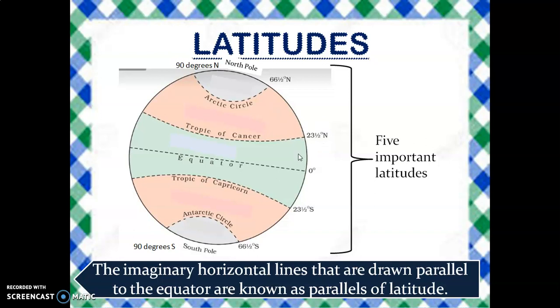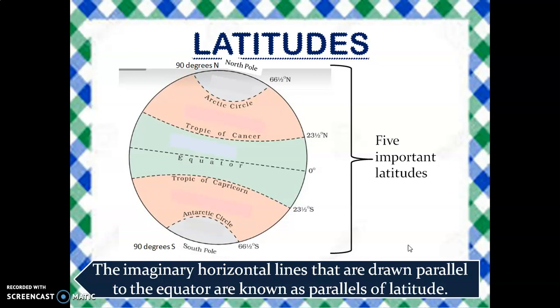Both of these lie in the northern hemisphere. Now let's go towards the southern hemisphere. This one is the Tropic of Capricorn and its measurement is 23.5 degrees south. Then this one is the Antarctic Circle and its measurement is 66.5 degrees south.